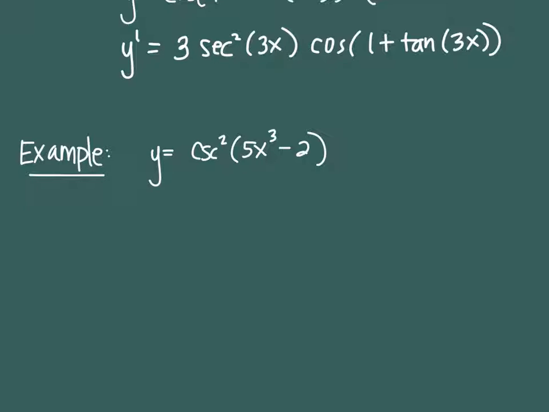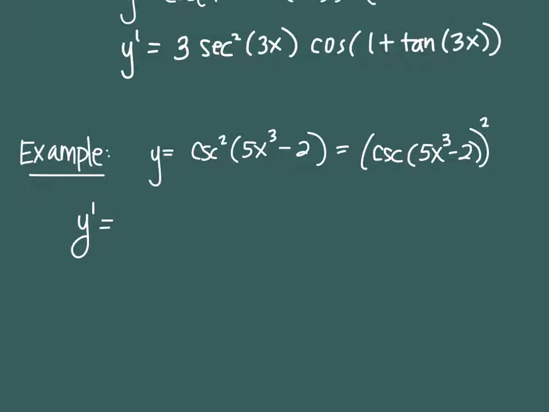All right, what do you think about that one? The square is first, because really cosecant squared of 5x cubed means cosecant of 5x to the third minus 2, that whole thing squared. So the squared is actually what comes first, not the cosecant.